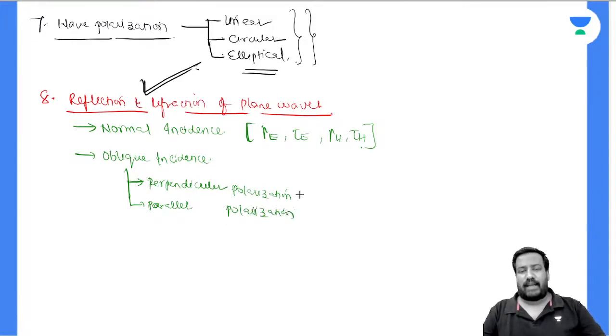For both the cases, we need to derive gamma E, tau E, gamma H and tau H.